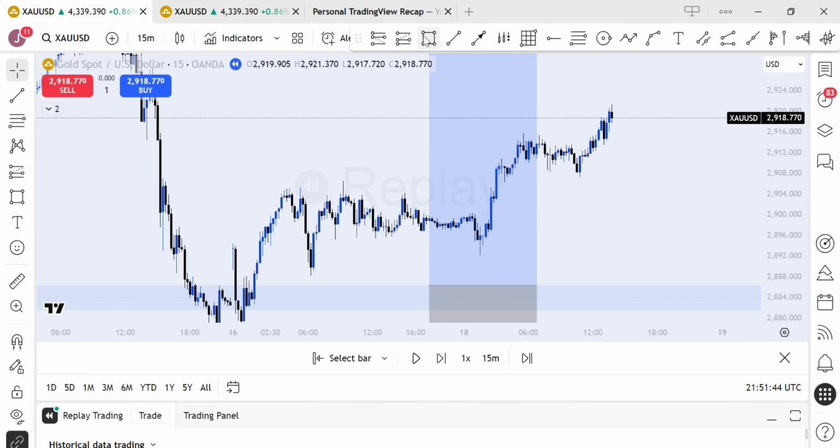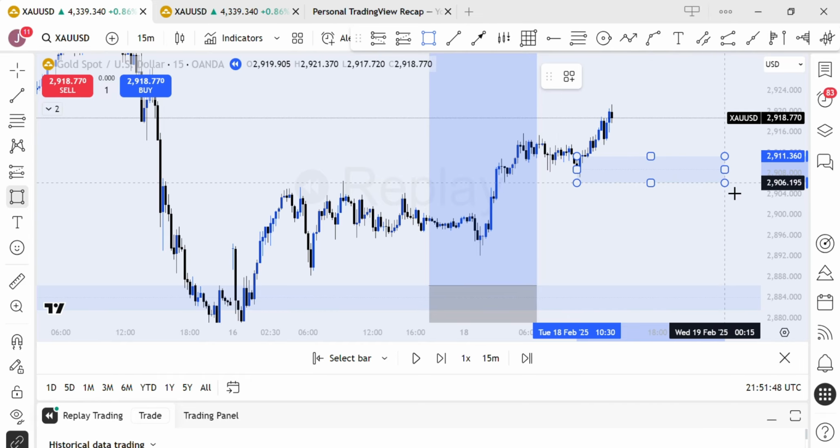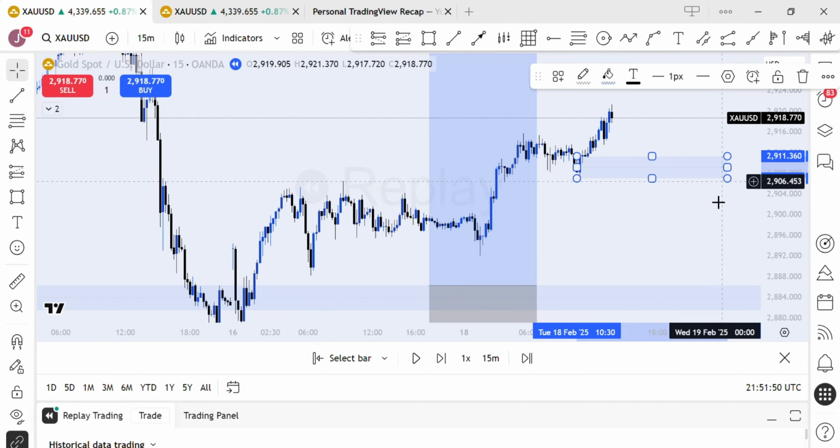So we've seen this sweep here, this break inducement. Let's anticipate price to come down here and tap this block.